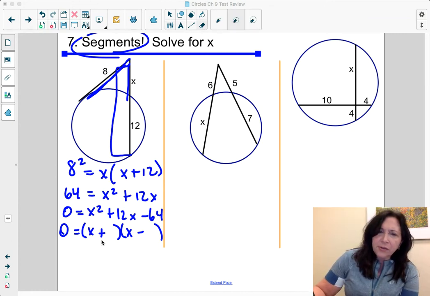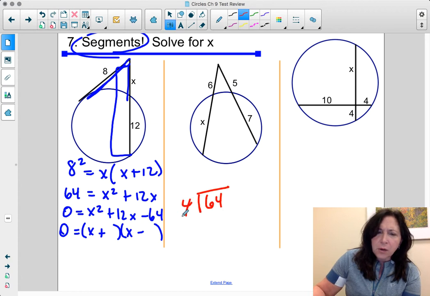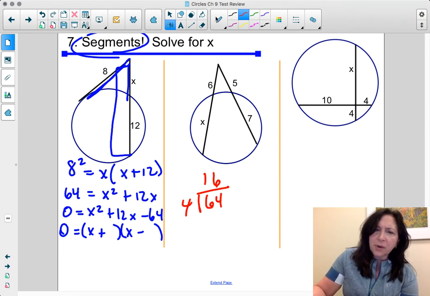What I would use for this problem is probably 12. I would go 64 divided by 4, which is 16, and 16 minus 4 is 12. So that's what I would use.